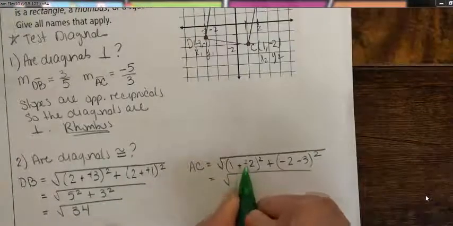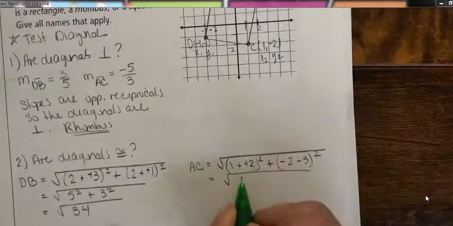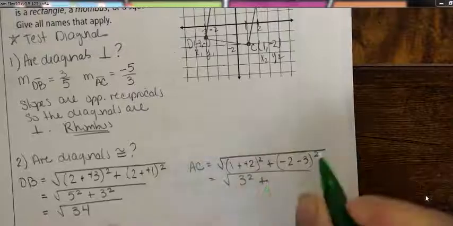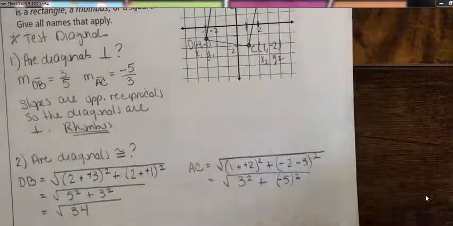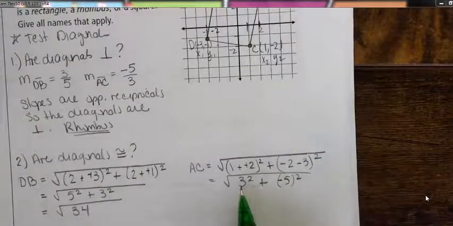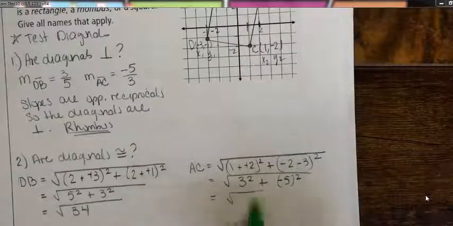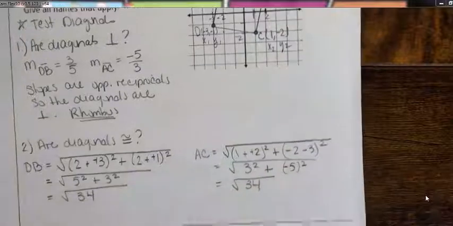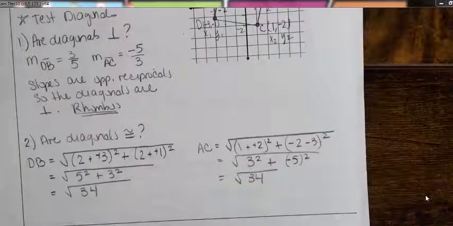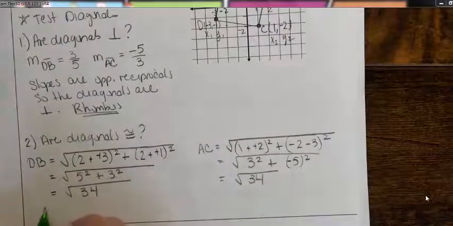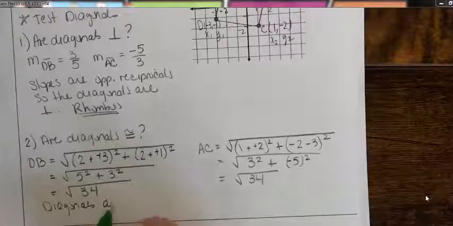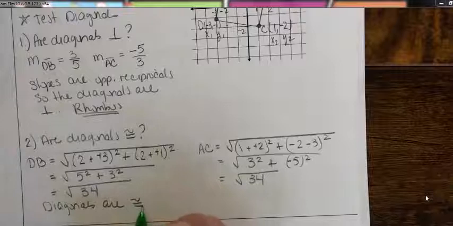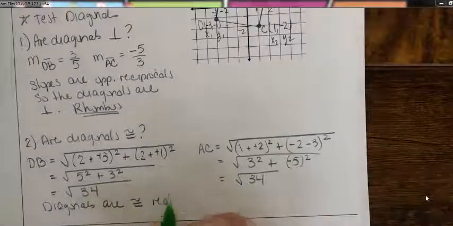Well, minus a negative gives us positive, so that's 3 squared. And then this is negative 5 squared, which once again gives us 25 plus 9, or the square root of 34. Okay, so we know that the diagonals are congruent. So that means it's a rectangle.